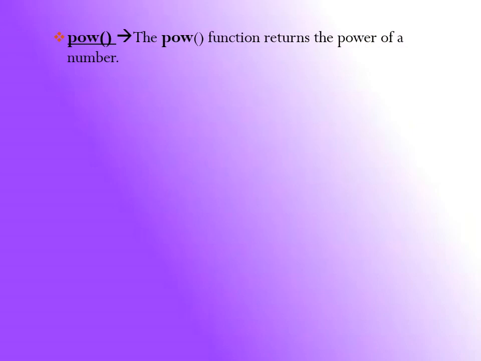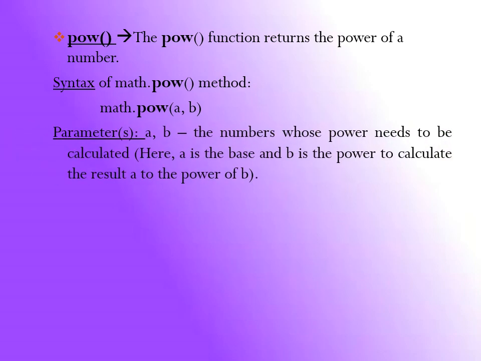Next function is the power function. The power function returns the power of a number. What is the syntax? Math.pow of a comma b. Here a and b are the parameters, where a indicates the base value and b indicates the power value.